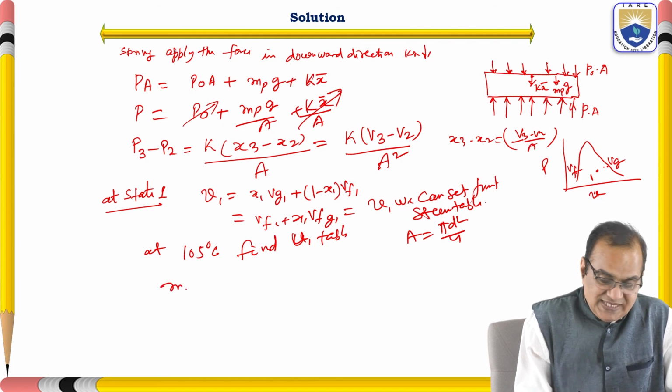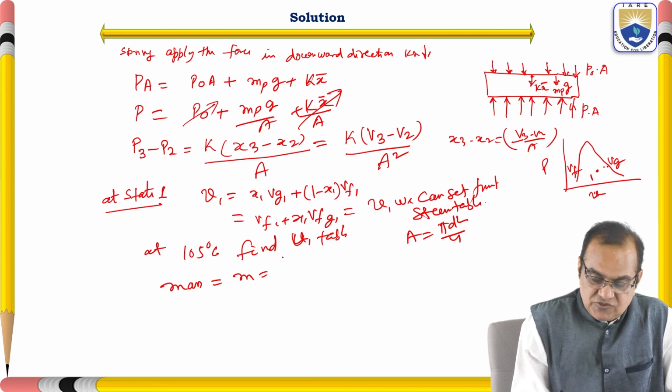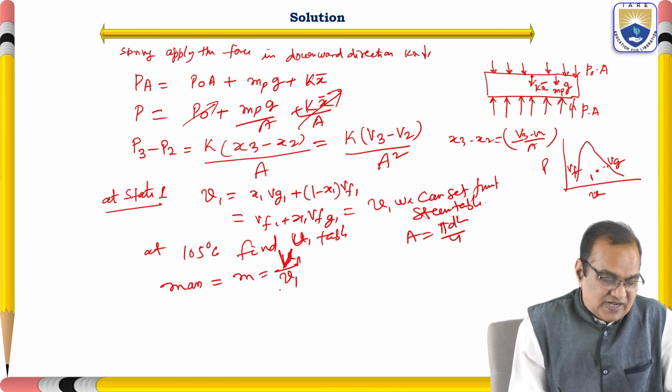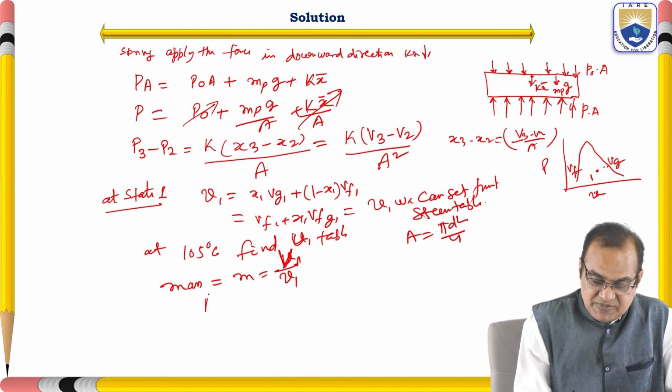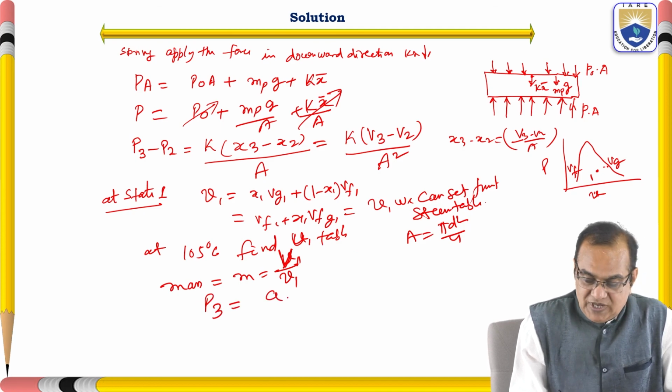So we know that mass m is equal to total V1 divided by this V1, and total V1 is given. So we can get this P3. P3 is equal to A plus B V3.